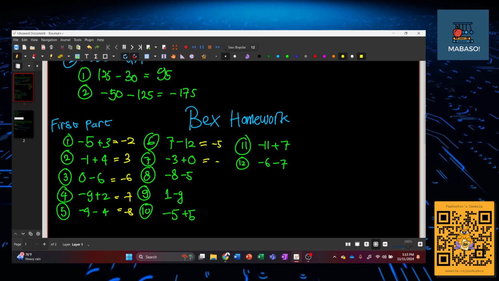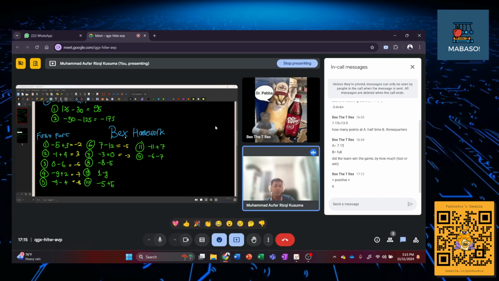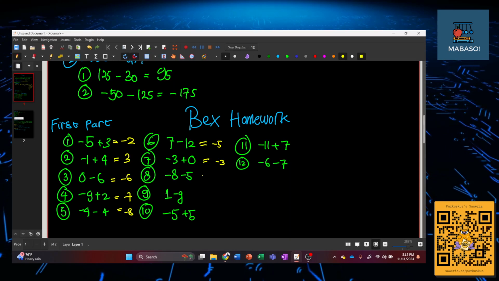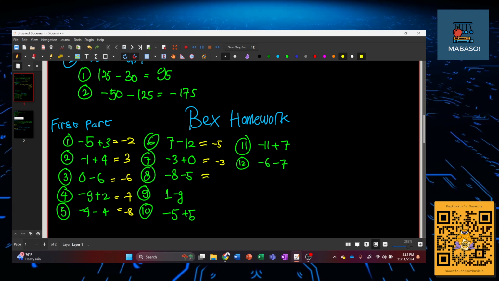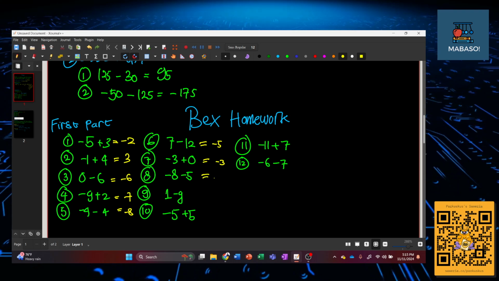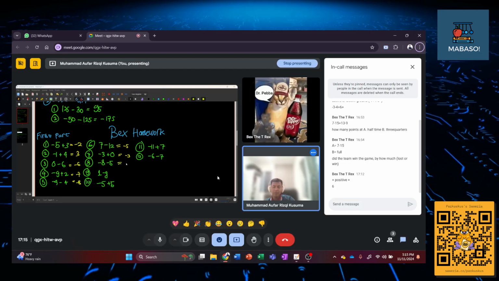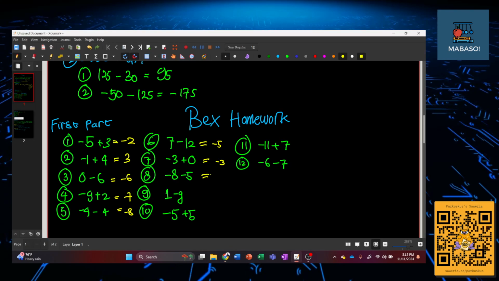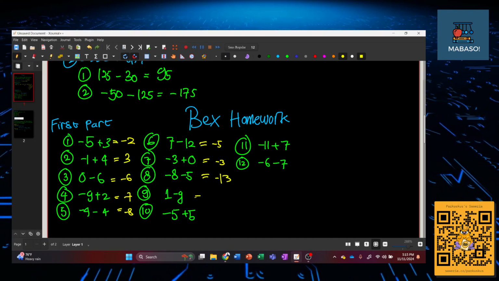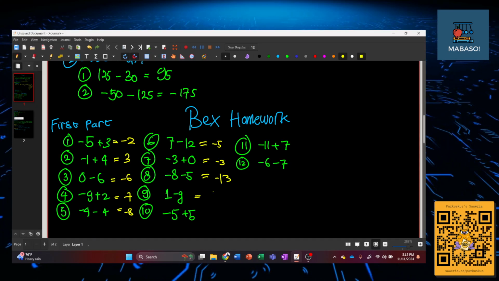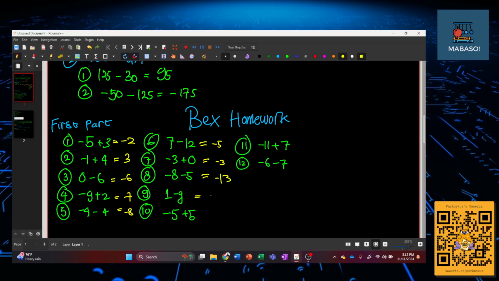0. Because if you add anything with 0, it doesn't change the value. So this is correct. What about this? 13 minus 13. Okay, what about this? Minus 9 plus 8, minus 1.